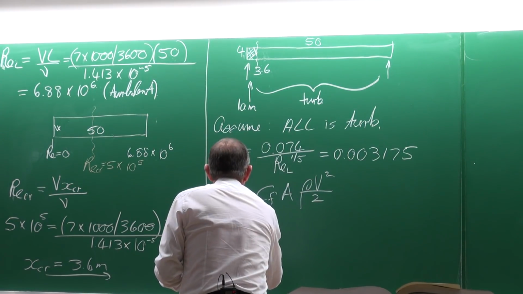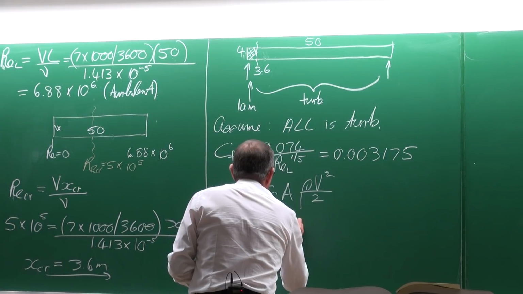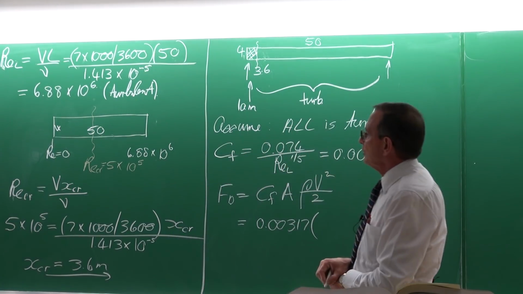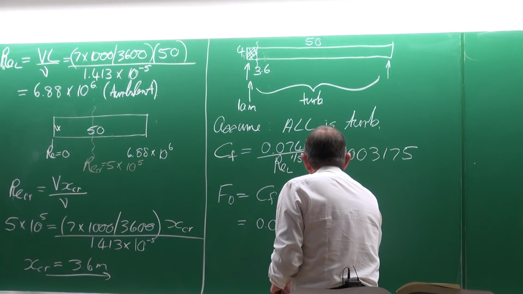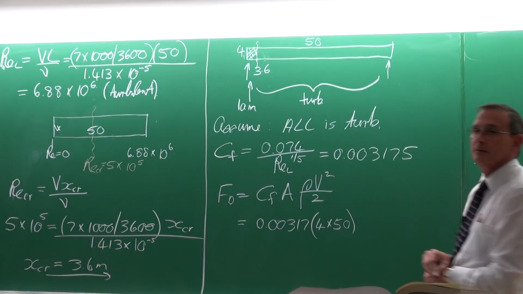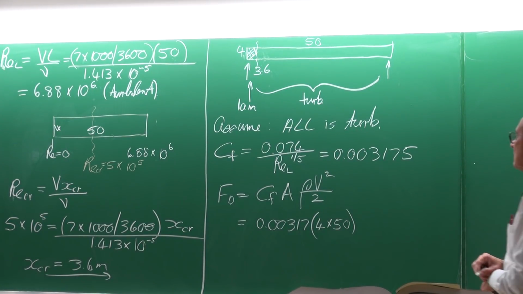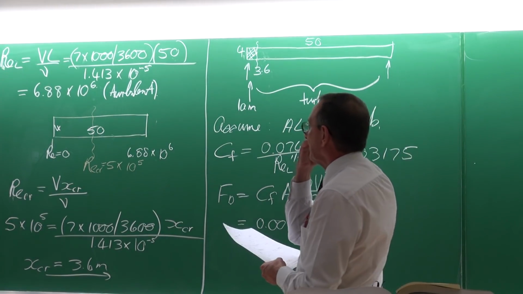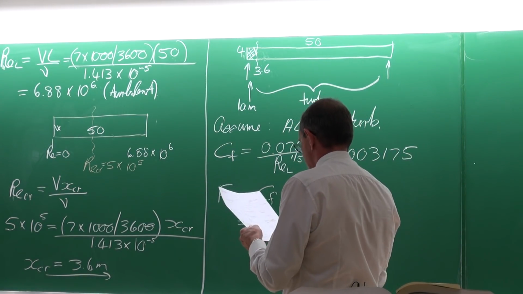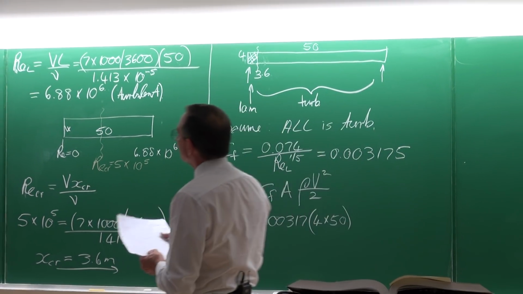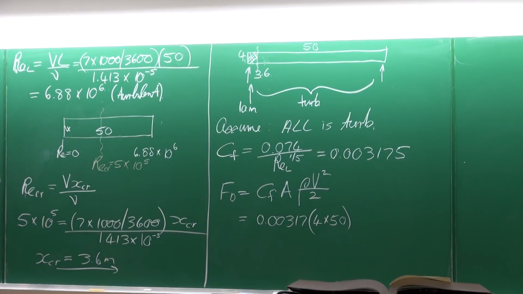The drag coefficient is equal to 0.00317 multiplied by the surface area, which in this case is 4 meters multiplied by 50, multiplied by the density. I think I've missed putting the density of air here.